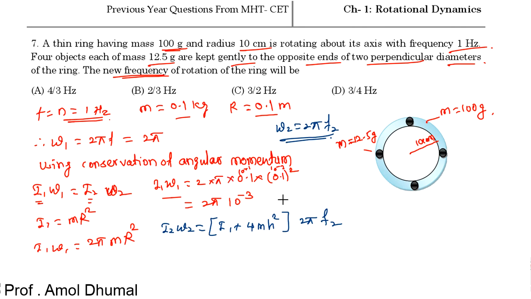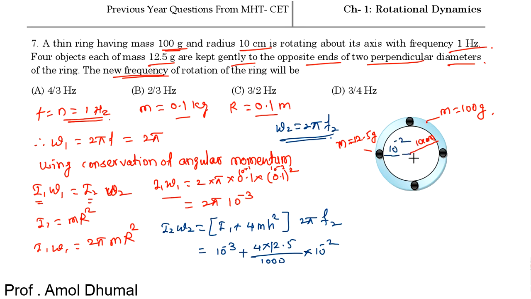So here we have used the parallel axis theorem for these 4 objects. So I of ring is 10 raised to minus 3 plus 4 into, the new objects, the total weight of these objects is 4 into 12.5 gram divided by 1000 is kg, into 10 raised to minus 2. h is the radius.